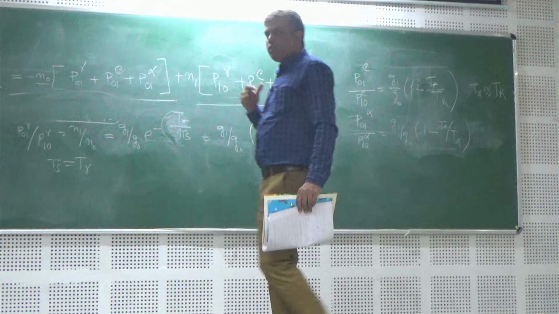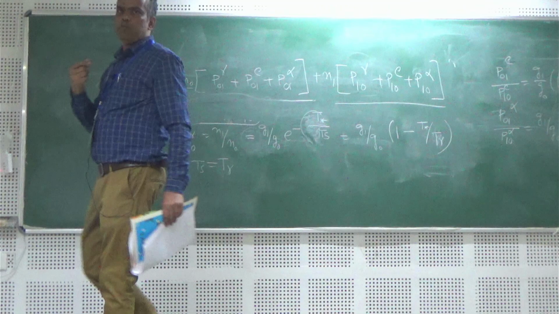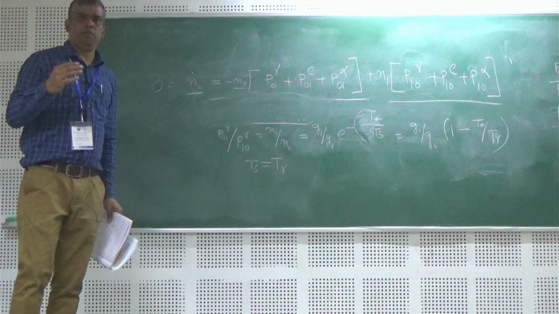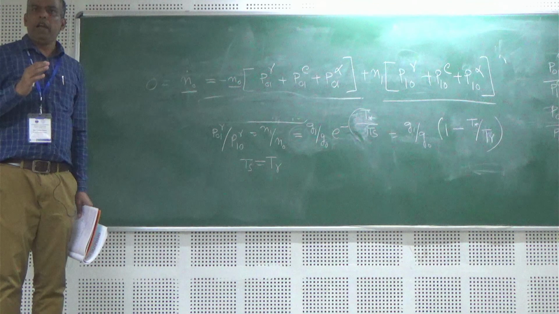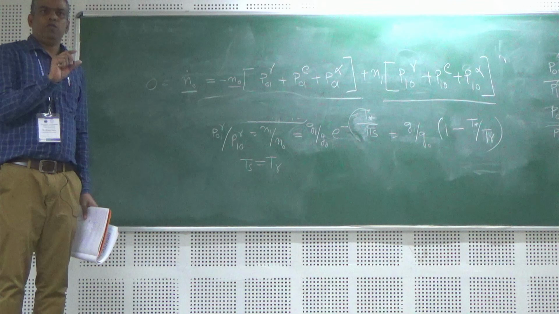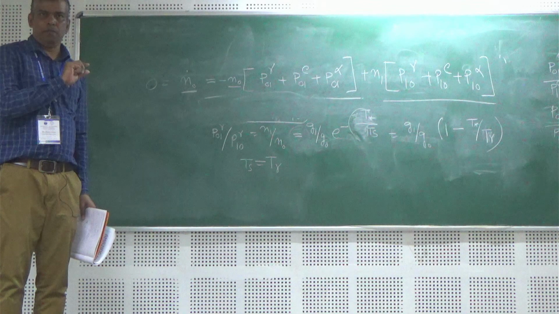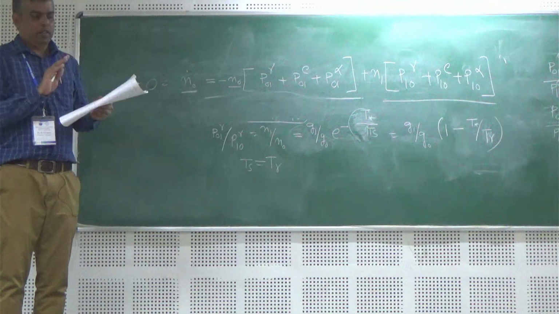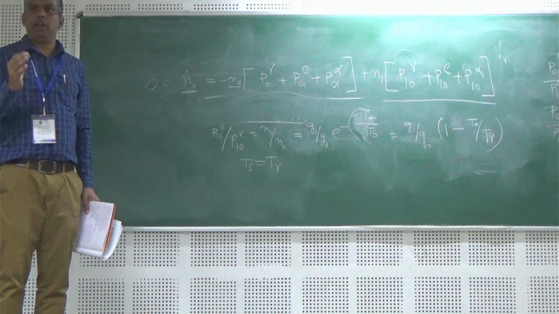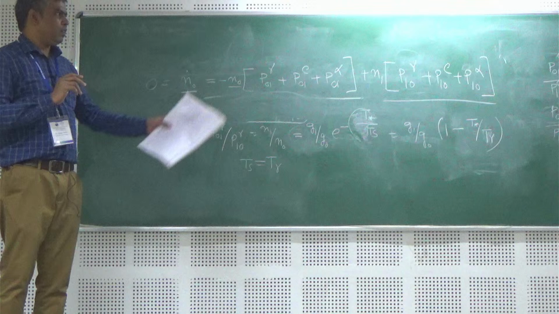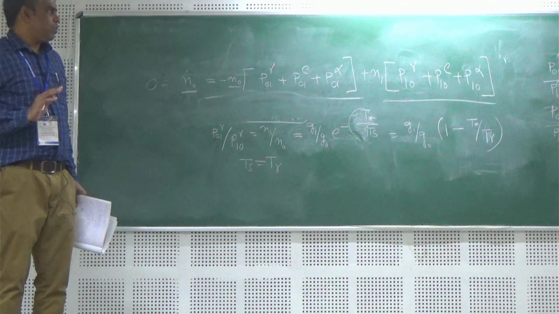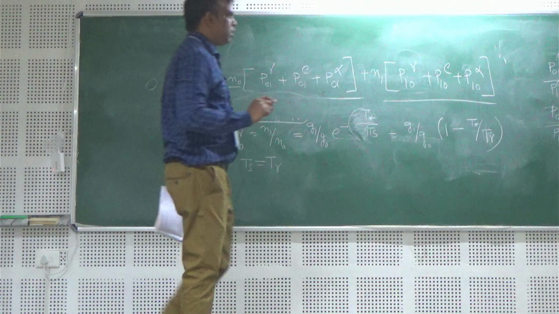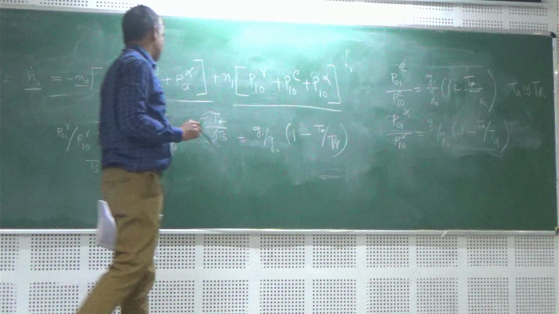Because hydrogen atoms are continuously absorbing and emitting Lyman alpha photons all the time, because it's a resonance transition. And because of that, the Lyman alpha photons are in equilibrium with the motion of the hydrogen atoms. That's why these two temperatures are very close to each other. So we can actually write T alpha same as TK.